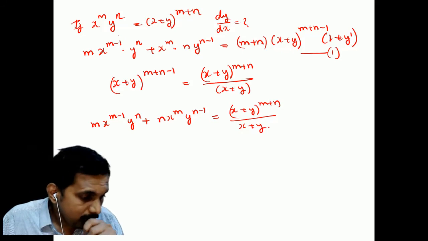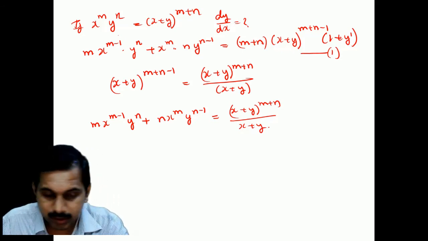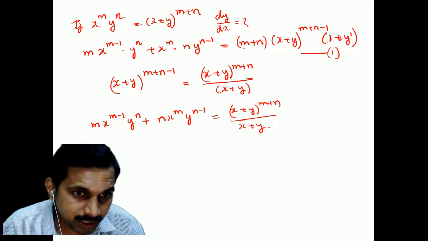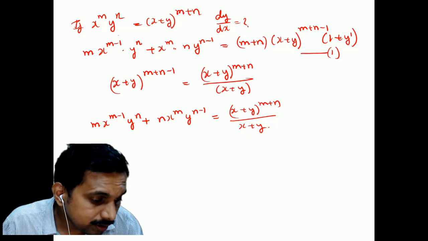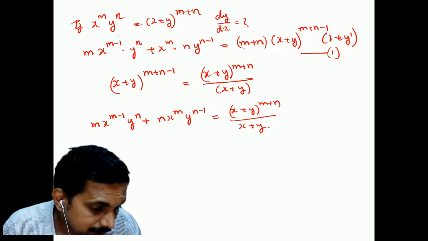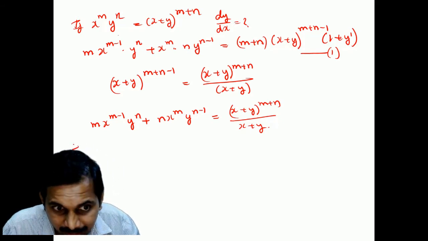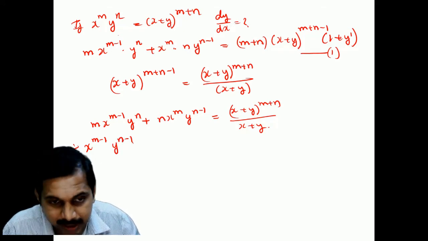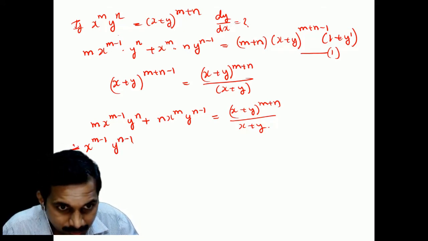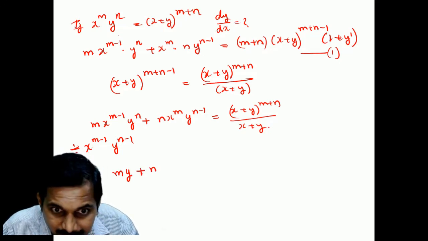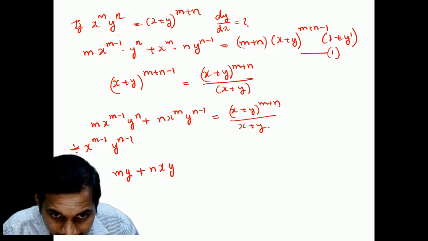Correct? So now if I divide the whole thing by x raised to m minus 1 into y raised to n minus 1, what we get is m into y plus n into x, y dash.